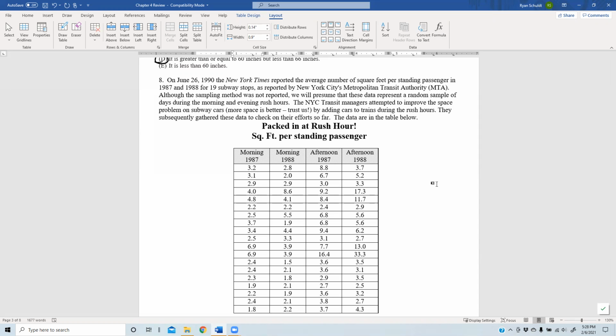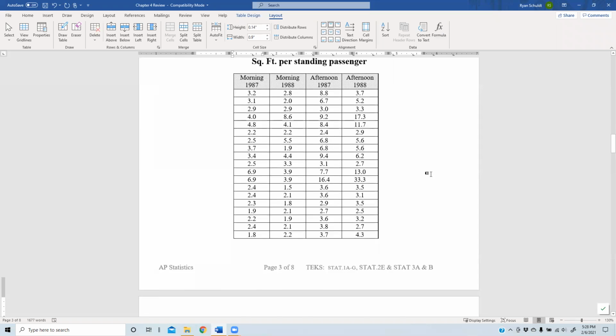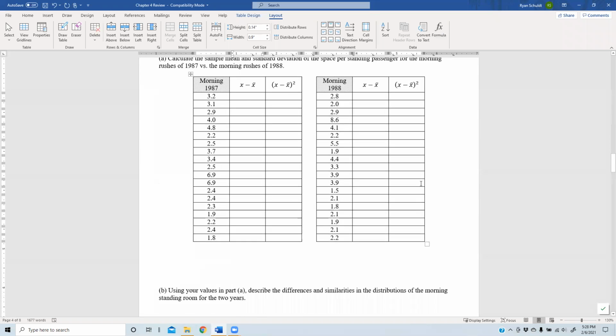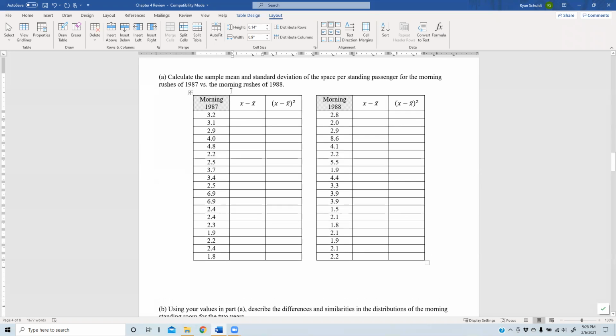They're trying to improve how much space they have. The bulk of this problem, though, deals with calculations. They want us to calculate the sample mean and standard deviation of the space per standing passenger for morning rushes of 1987 versus the morning rushes of 1988.